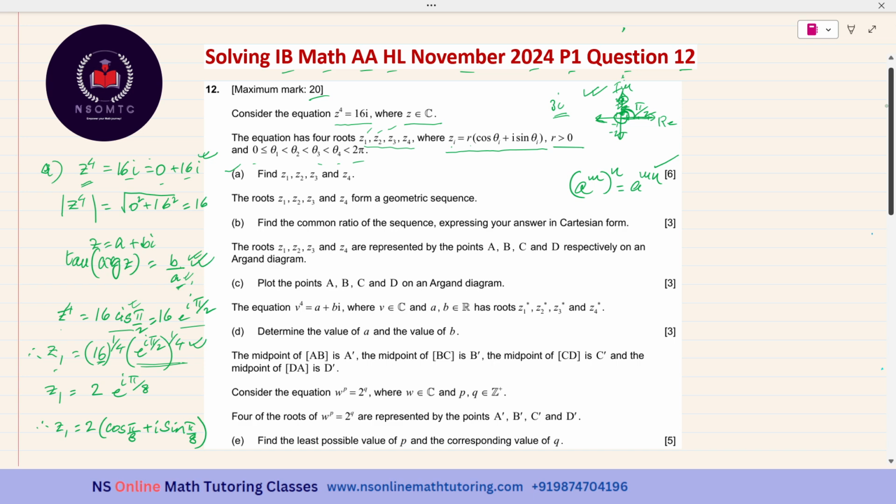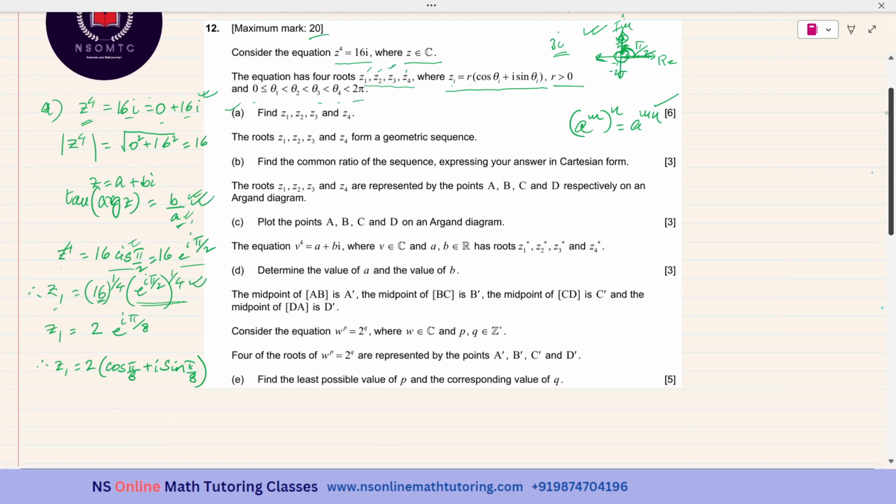And there are 4 roots. So this 2 pi angle will be divided uniformly between these 4 roots. So 2 pi over 4 will be the angle that will be added to one root to get to the next root, because this will be the angle between any 2 consecutive roots.